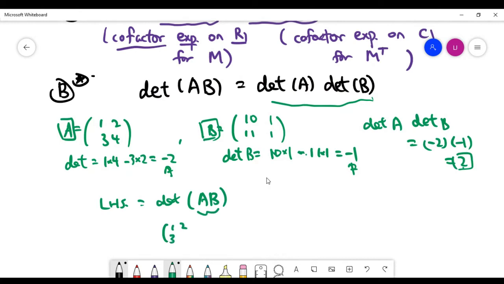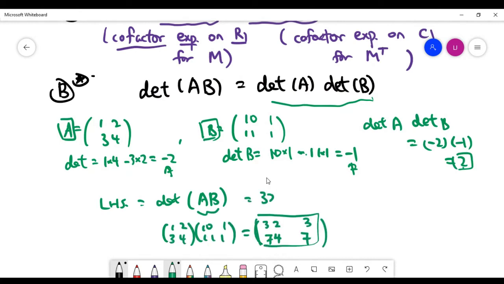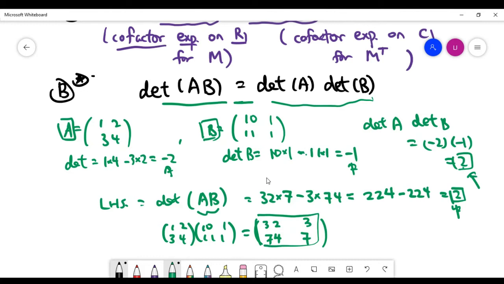Please do the matrix product here on your own, and you'll get a matrix like this. Then you apply the determinant formula. What you get is determinant 2 again, so these two are the same. So it's a simple illustration that this formula is correct, and I'm claiming that this formula is always correct regardless of the size of A and B.